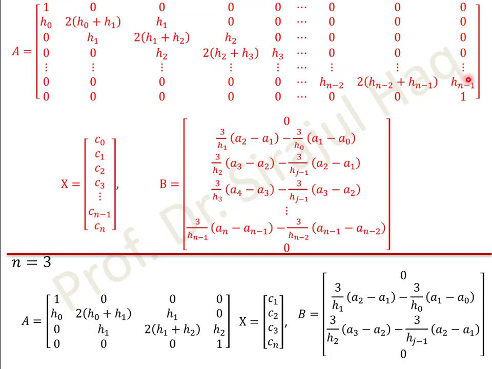And it's straightforward to understand. So you can see this is your coefficient matrix. This is C0, C1, C2, and C3.